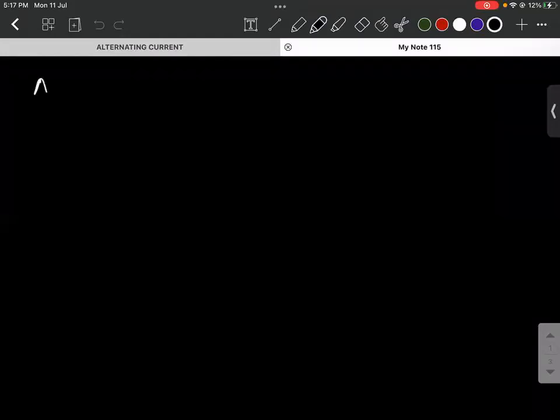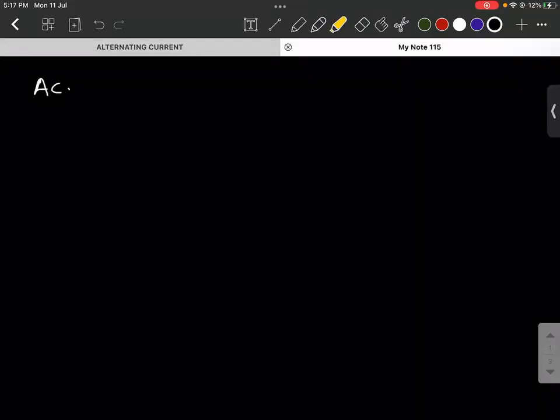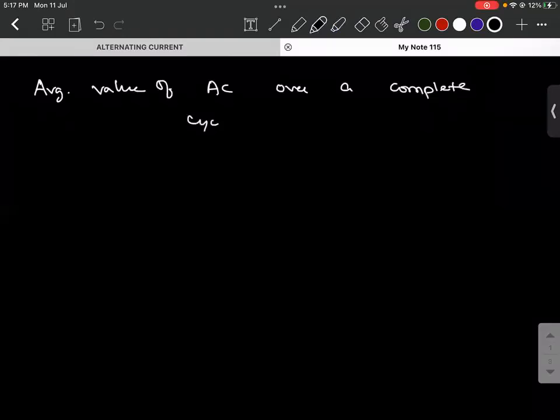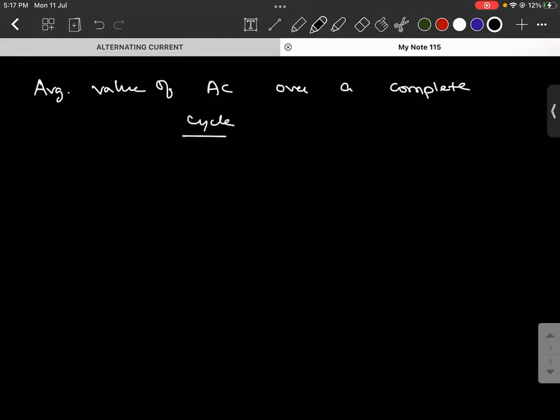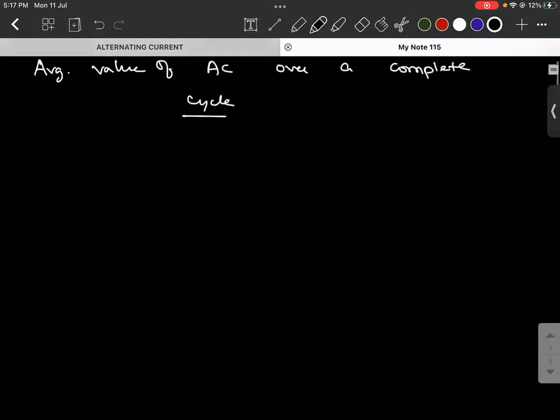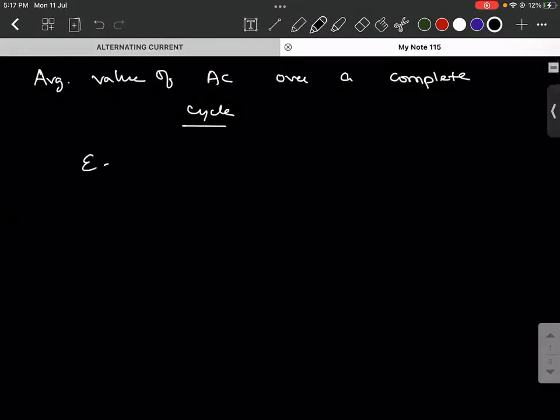What is the heading? Average value of AC over a complete cycle. Now see, we know that E = E naught sin omega t.